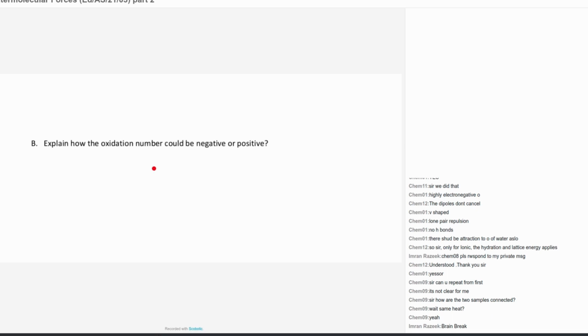Next, explain how oxidation number could be negative or positive, right? When an atom loses electron or electrons, it gains the positive oxidation state.